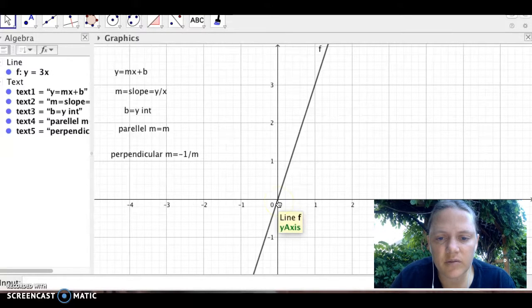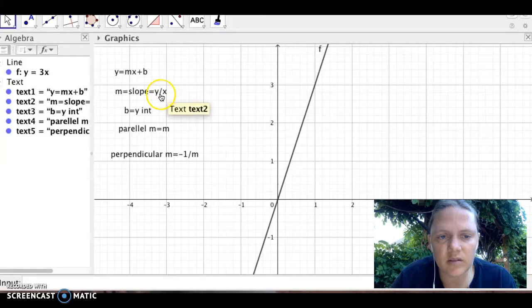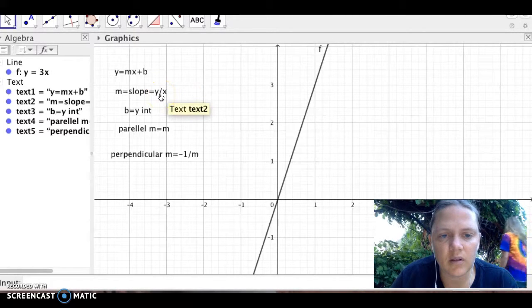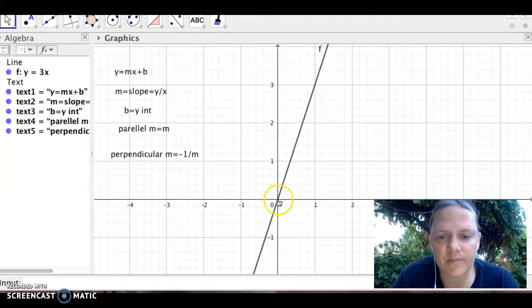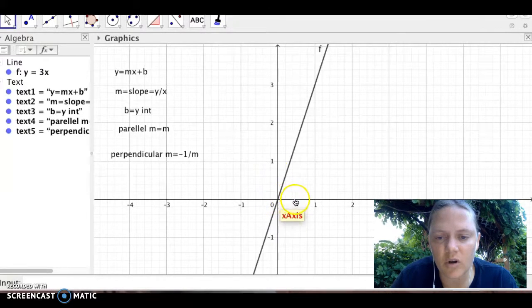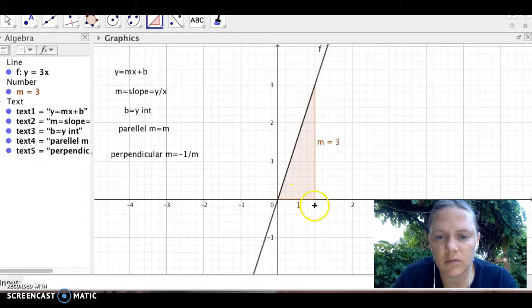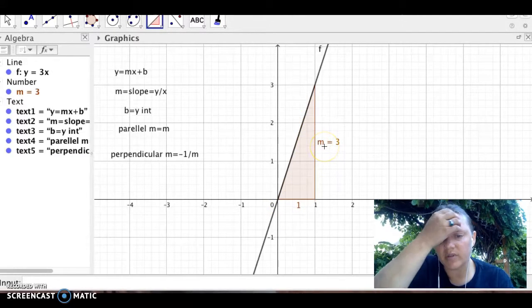And y equals 3x means we have a slope of 3. Okay, so that means it's 3 over 1. So our y is going up 3, and we're going over 1. Over 1, up 3, our slope is 3.